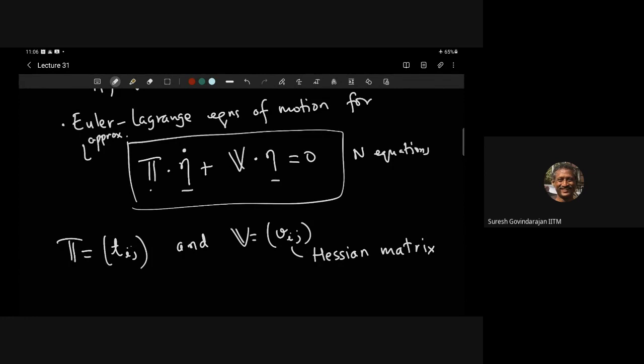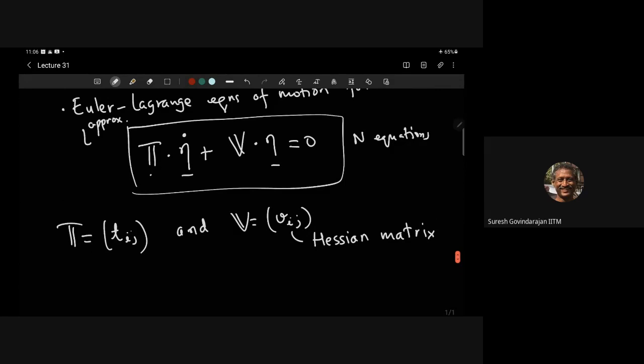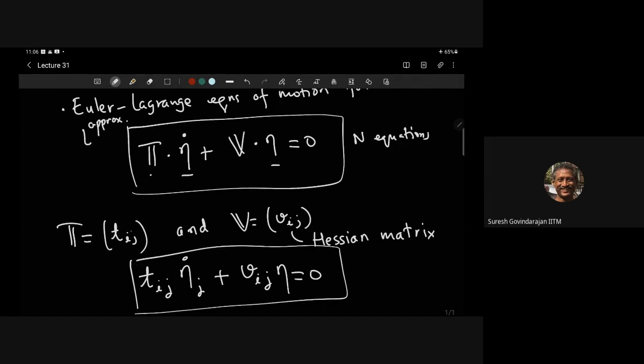So we can write this equation again in components as Tij eta double dot j, repeated indices summed over, plus Vij eta j equals 0. Is this clear? These are linear equations.